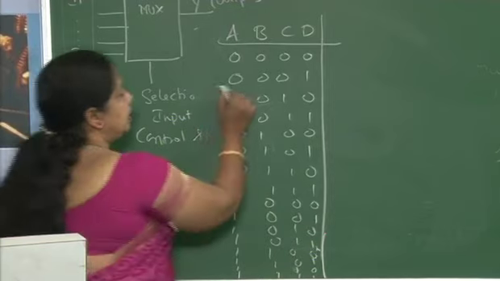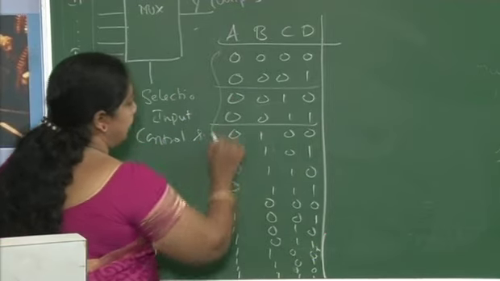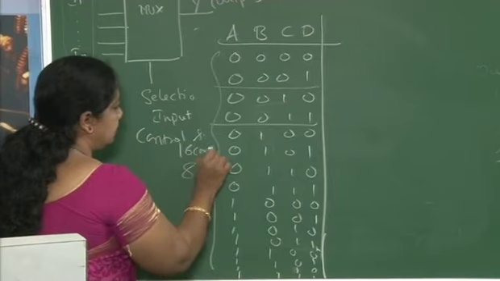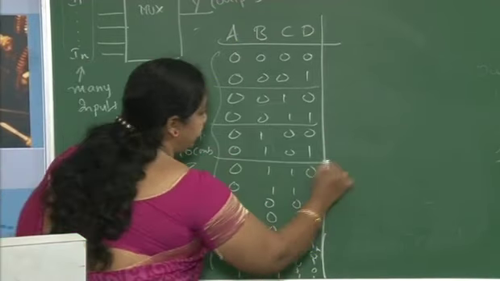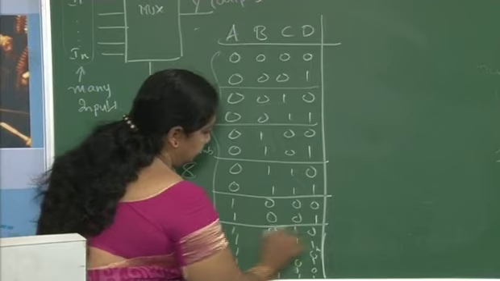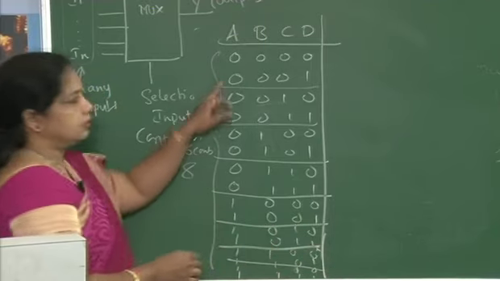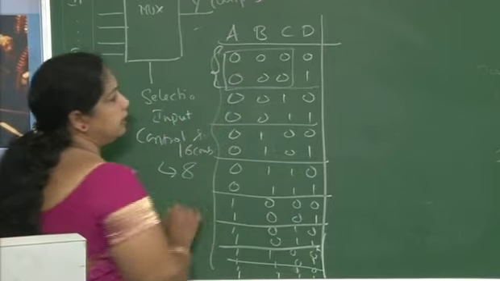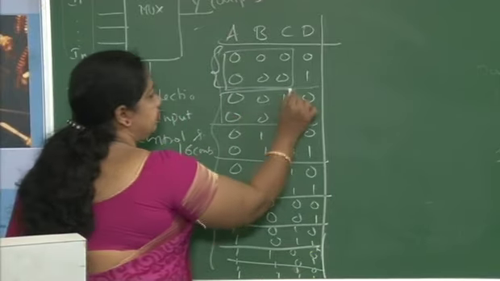So if you can see, we can divide these 16 combinations into 8 by dividing like this. The same thing is repeated twice here.